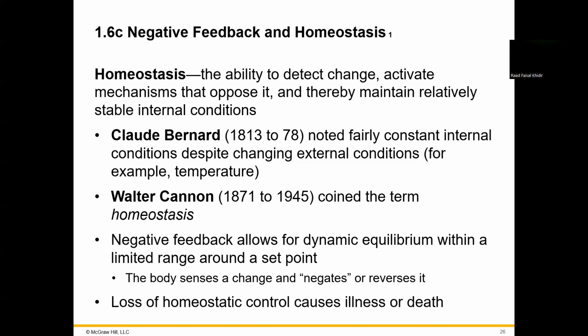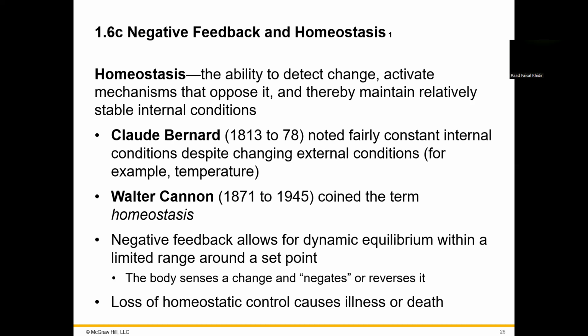So your body is equipped with built-in systems so that whenever we deviate from the healthy U range, we can bring things back. That's homeostasis. Homeostasis is to maintain a constant internal homeostatic U range, no matter what happens on the outside.